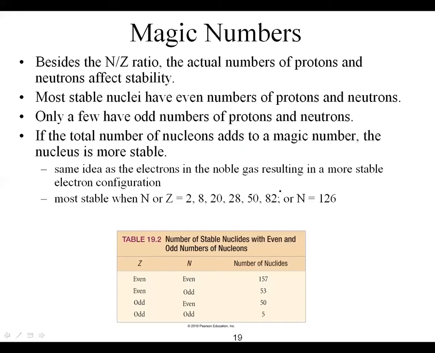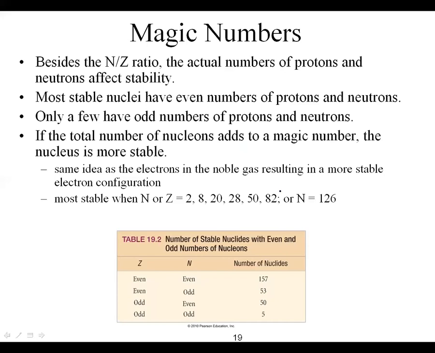There are a lot of stable situations that occur when certain numbers are reached, and it's most stable when either the neutrons or the protons are 2, 8, 20, 28, 50, 82, and your magic number there is 126 for neutrons. So those are some of those stable ones, again almost like a noble gas configuration.